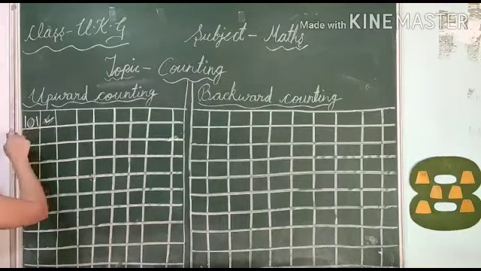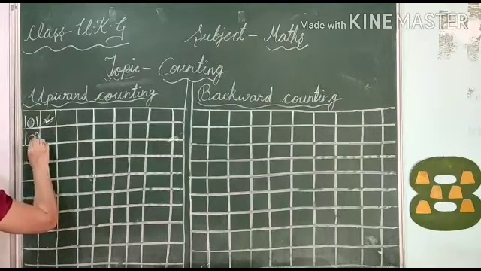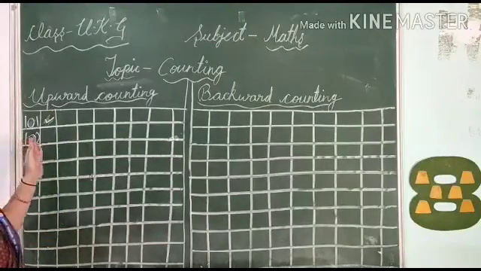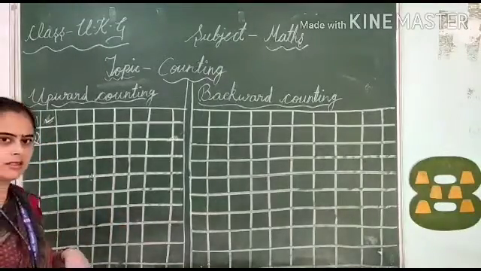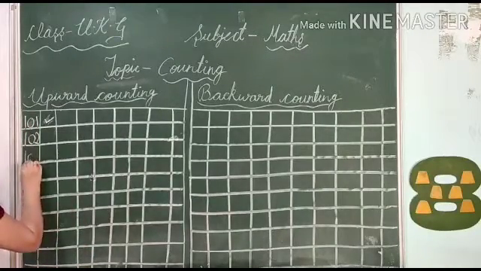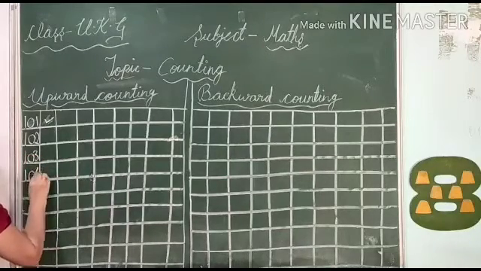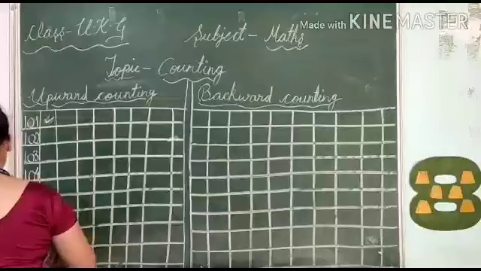After 101, what comes? 102. And don't leave the boxes, because if you leave the boxes, then there will be no place to write the numbers. 103, 104. 101 means 101. 102 means 102.